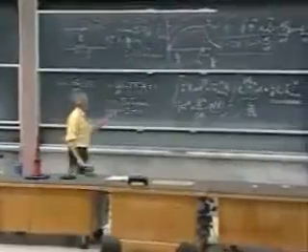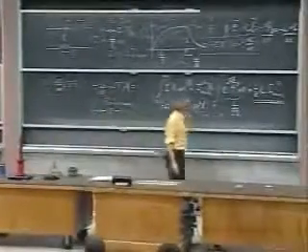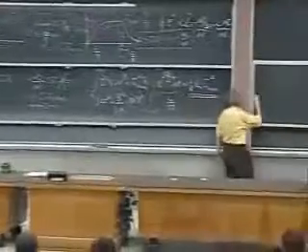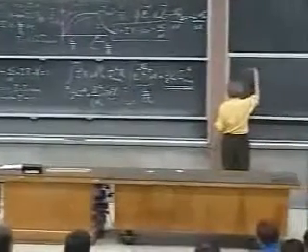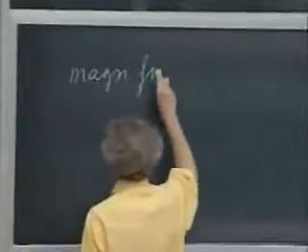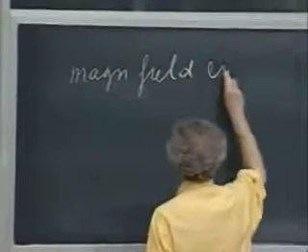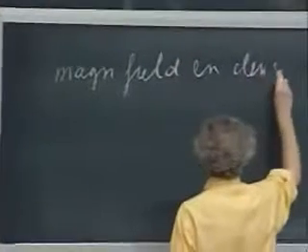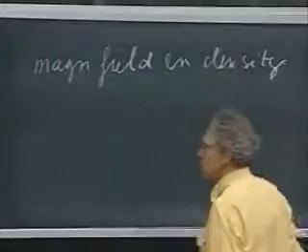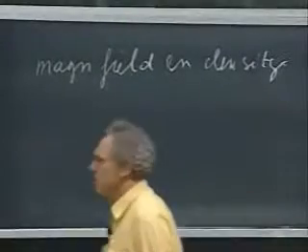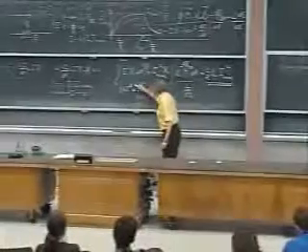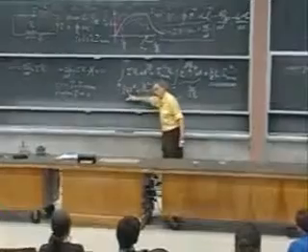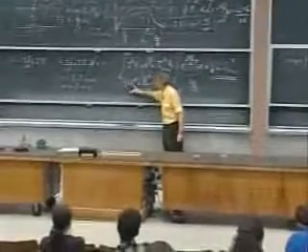And if you accept that, then you see that we now have a result for the magnetic field energy density. That is how much energy there is per cubic meter. That is, of course, this value. Because this is the total energy of the magnetic field, if we know the current.